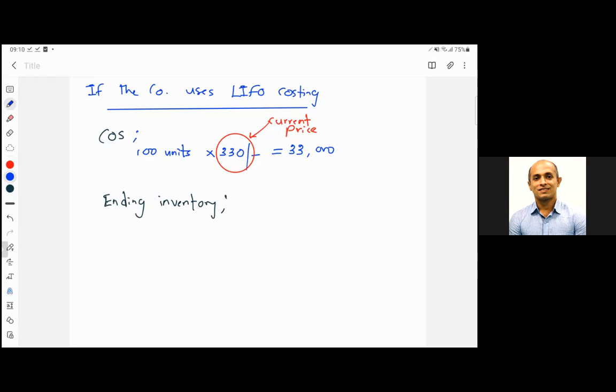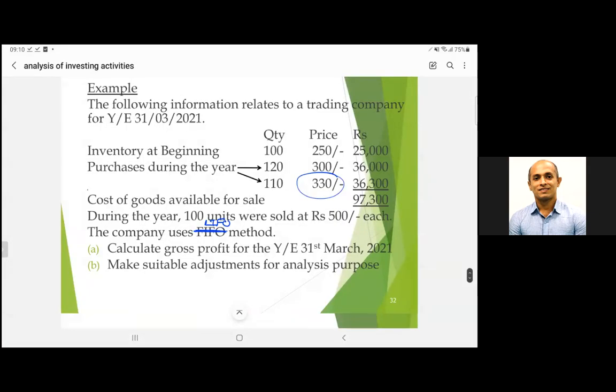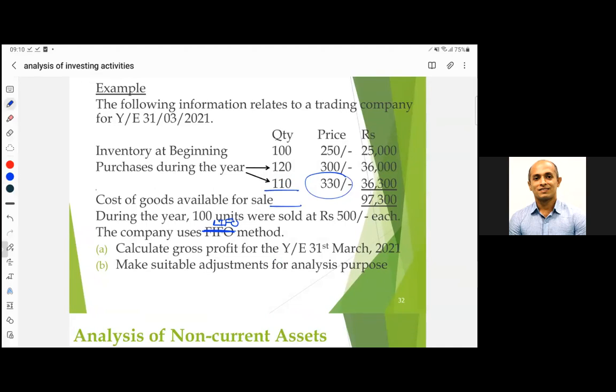During the year, altogether you had 330 units.